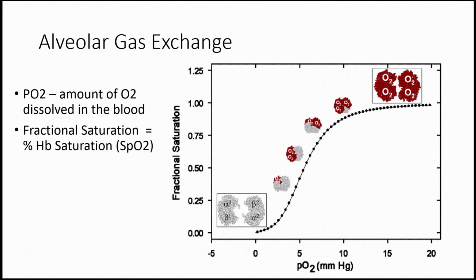It just so happens that you can just about maximally load all your hemoglobin with 21% oxygen. Right? What a coincidence, that I can maximize oxygen utilization with ambient air, right?